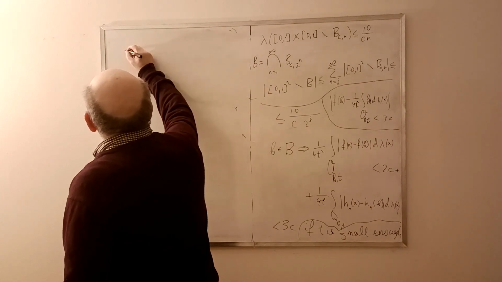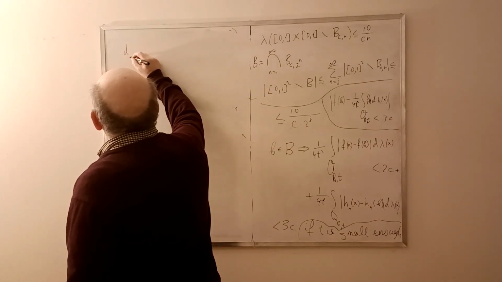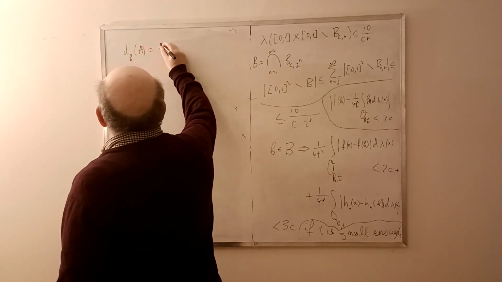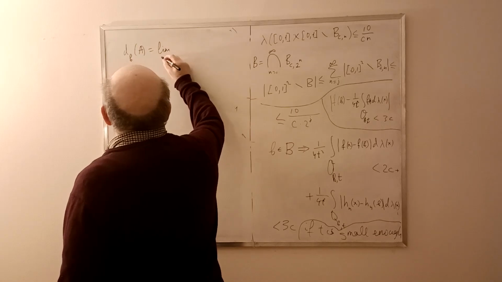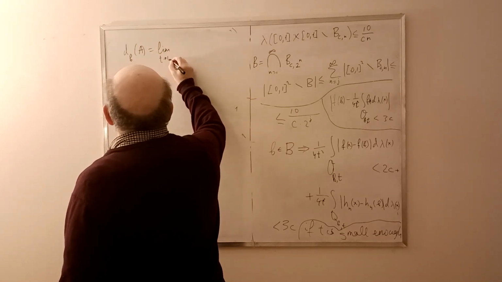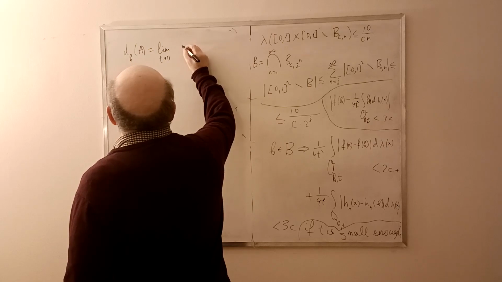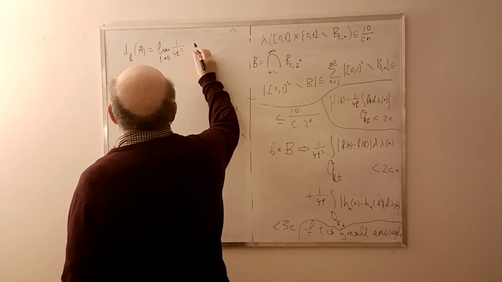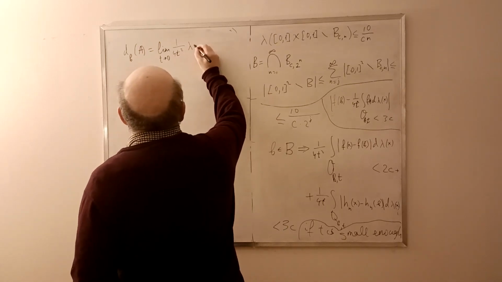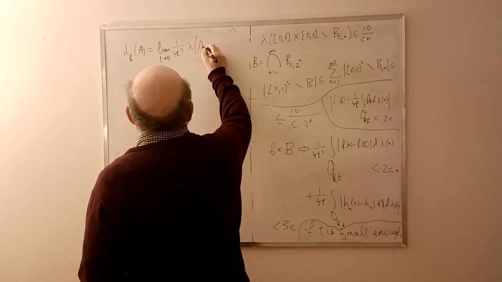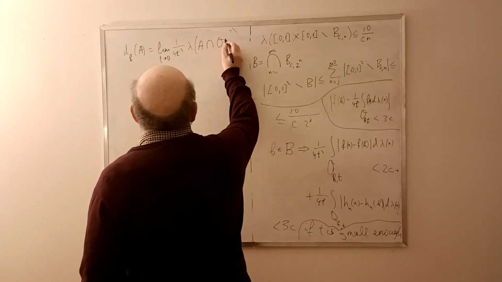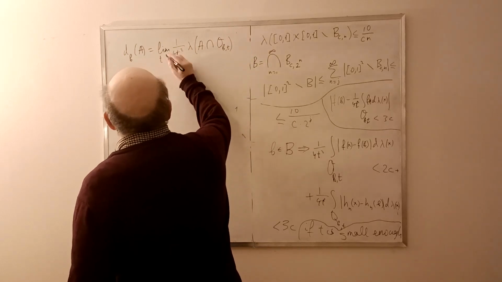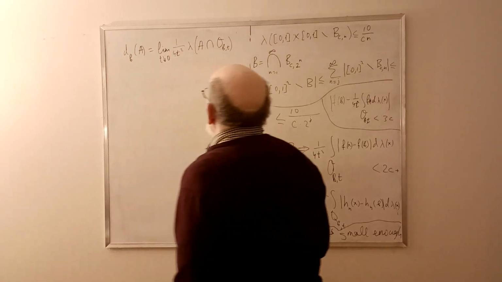So let us call density at the point b of the set A equal to the limit when t goes to 0 of 1 over 4t square, measure of A intersection with O(b,t), where t is the half-size of a square.